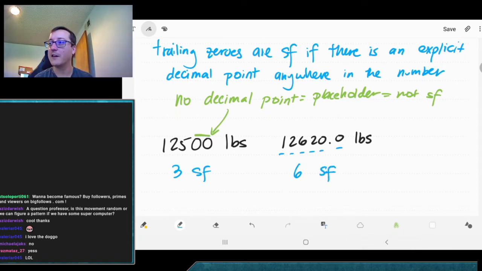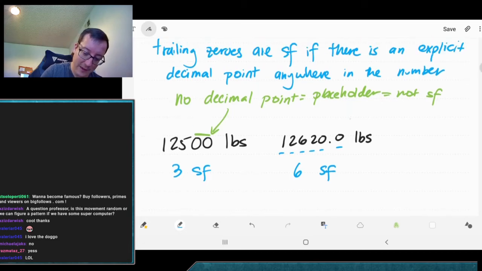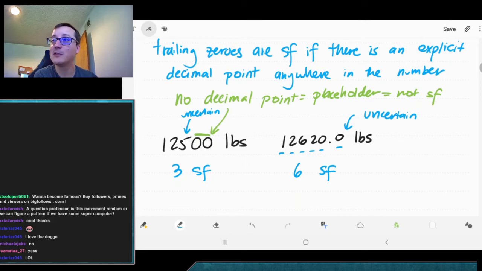All right, so if I've gone to a fancy scale and it has measured all those pounds, there we go. And it says 0.0 for a reason, to indicate that it has measured everything up till here, and this is the uncertain one. The other zeros are there to placehold, to tell us it's 12,500.